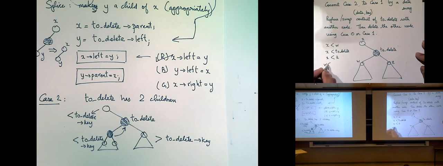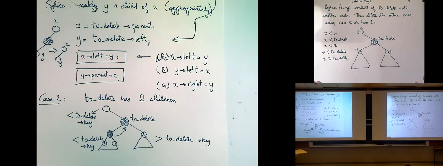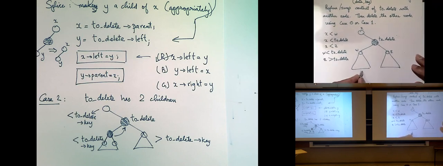You know that w is less than 2 delete, and z is greater than 2 delete, right? So what you want to do is find a key that satisfies these conditions. That make sense? You want to find a number that satisfies these conditions. Indeed, if you find something, so I'll be more specific. So let me call this TL and TR.